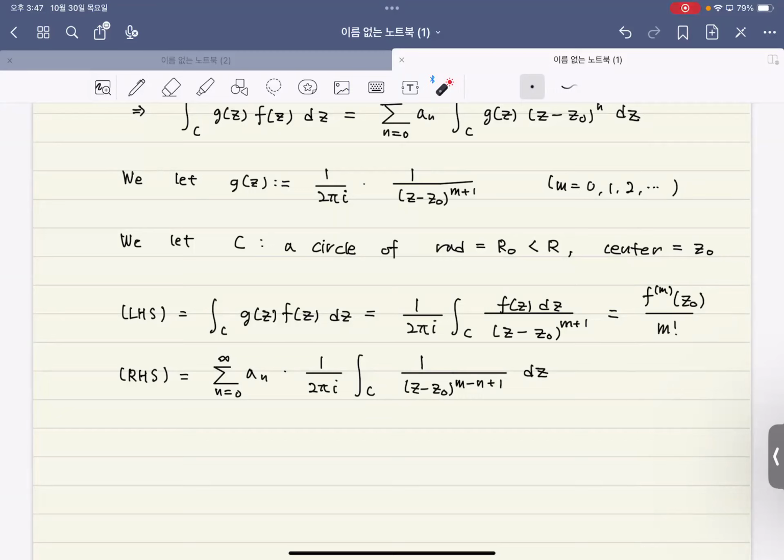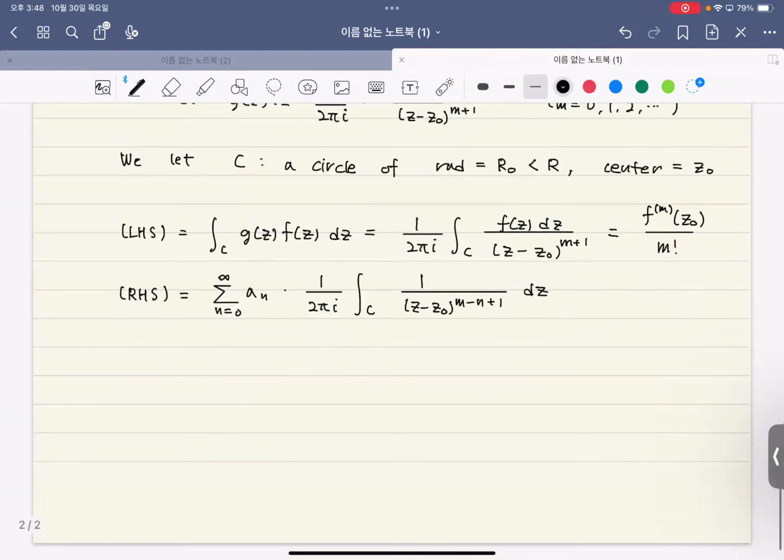Then your function has an antiderivative on this domain. Therefore, since C is obviously a closed curve, the answer should be 0. But there is only one exception. If this exponent equals 1, then the antiderivative should be the logarithm function. But the logarithm function is not well defined on this annular domain. So you should get some non-trivial number out of here, right?